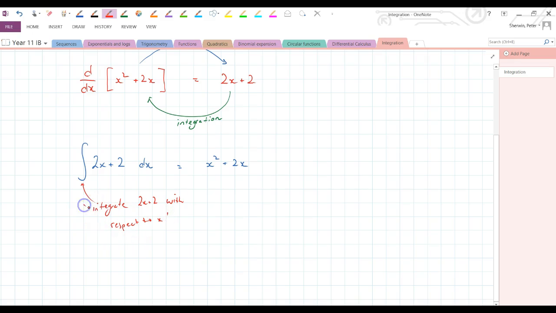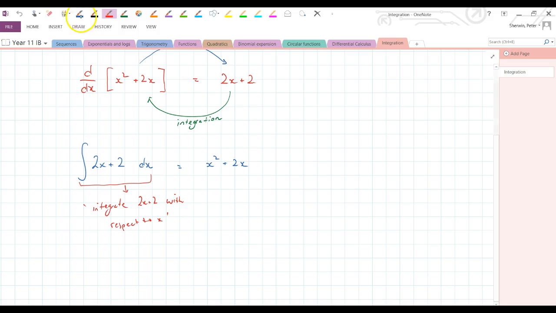That whole expression means integrate 2x plus 2 with respect to x, and there's the result. That's the integral of this, just as this is the derivative of this expression here.